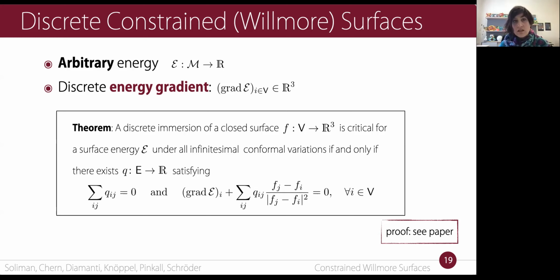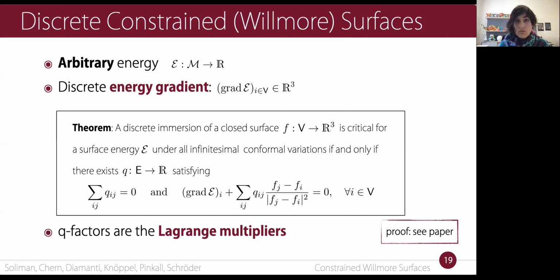The first thing is that the Q's outgoing from any vertex I sum to 0. And second, the gradient of E at any vertex is a linear combination of the outgoing edge vectors, weighted by these Q's.